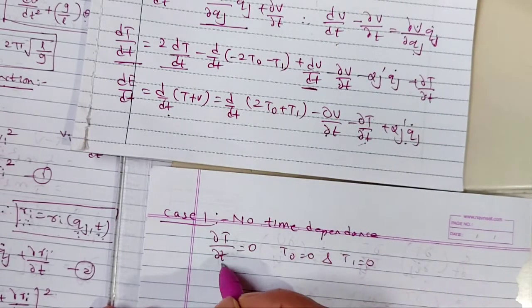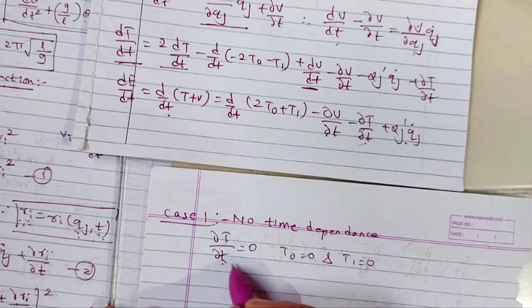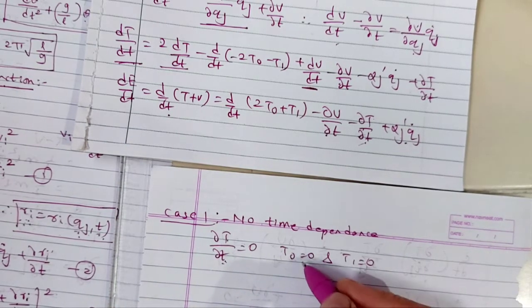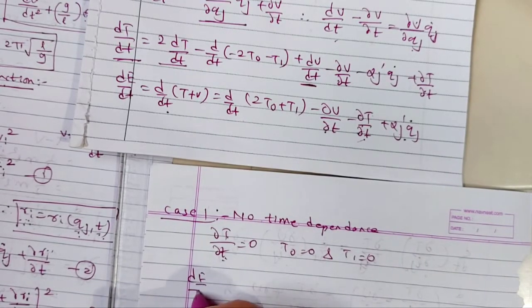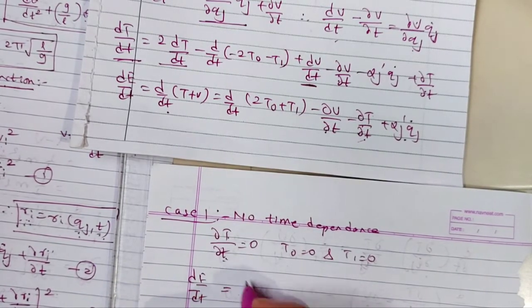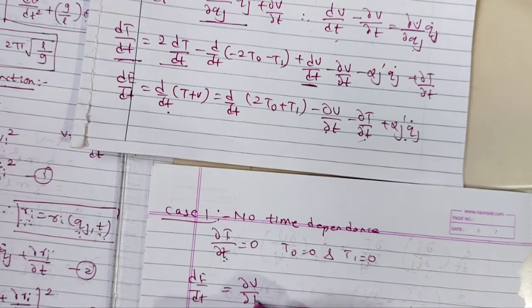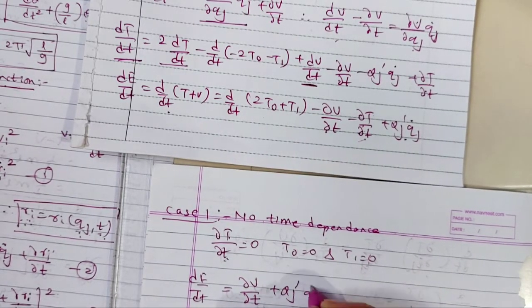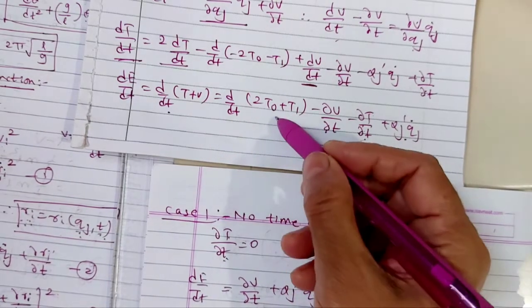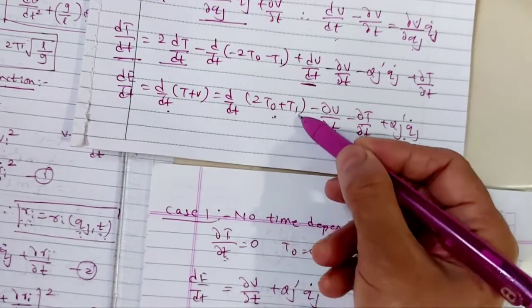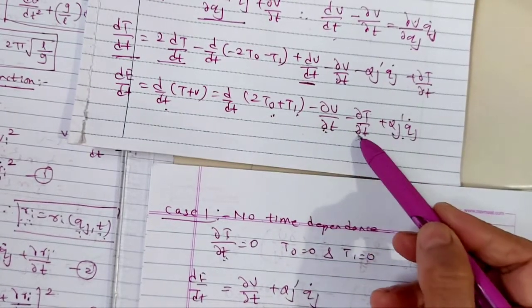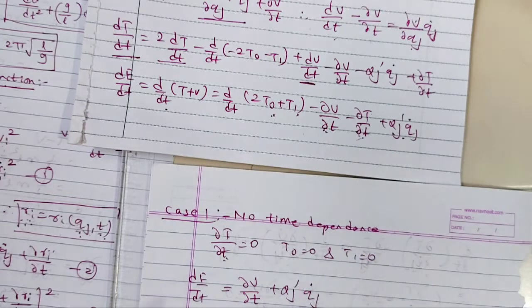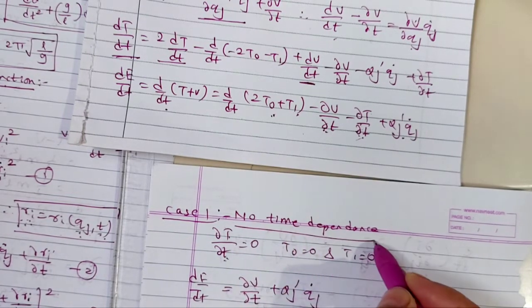T is not a function of time, so T0 and T1 will be 0. So what remains? dE/dt will be ∂V/∂t plus Qj' qj dot, while T2, T0, T1 are 0. This is the only thing that remains when there is no time dependence.